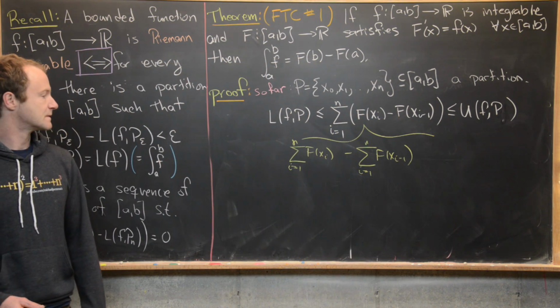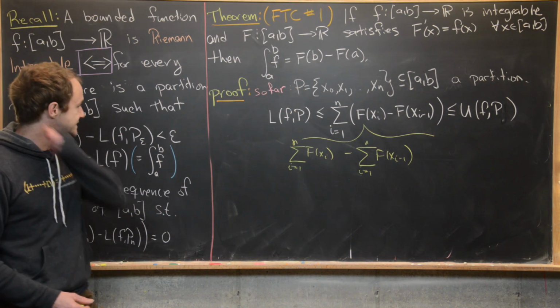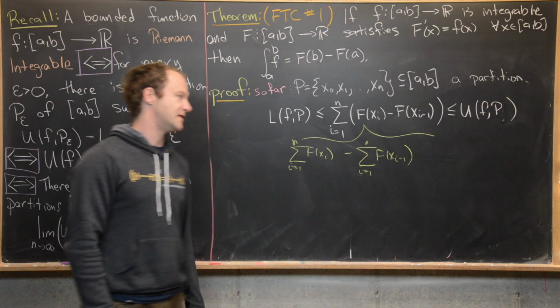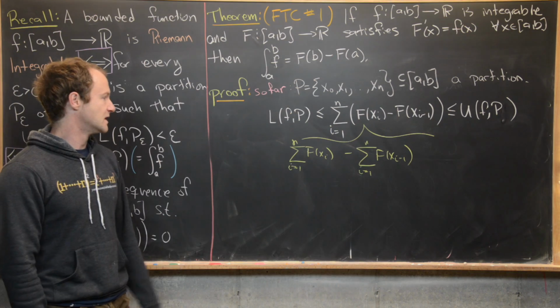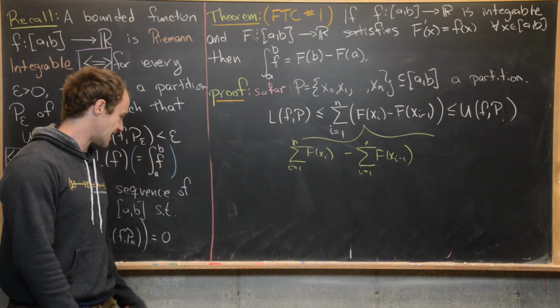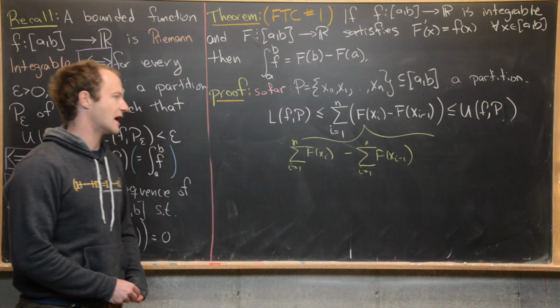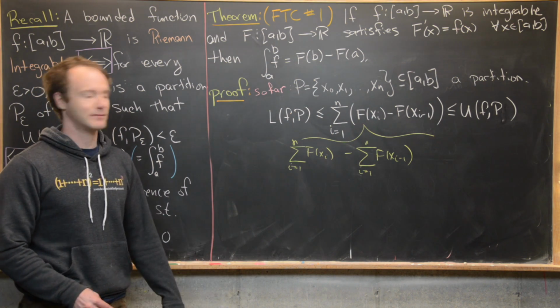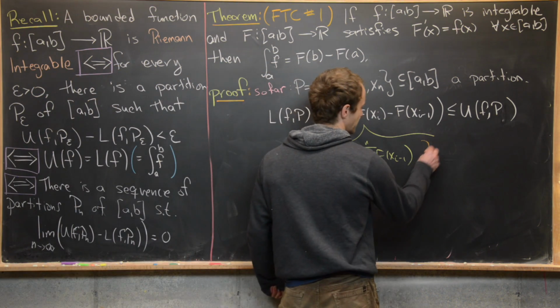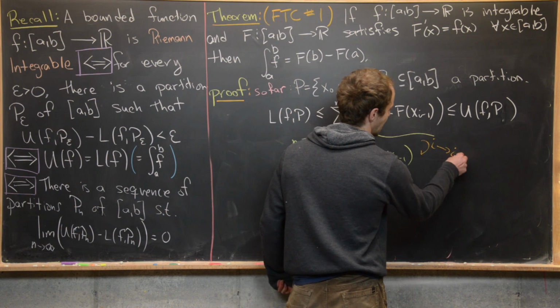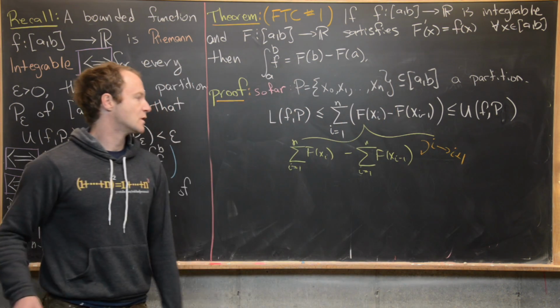Okay, good. Now next I want to re-index this second sum so that these two terms look the same. Let's see how we can do that. We can replace i with i plus 1. So if we replace i with i plus 1 here, what does that mean?